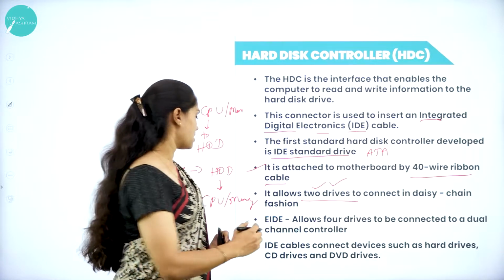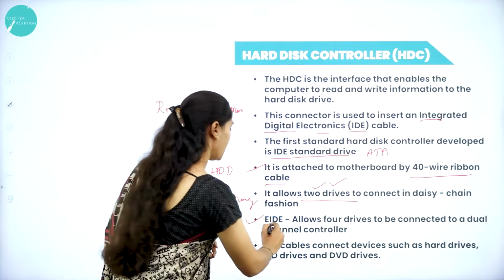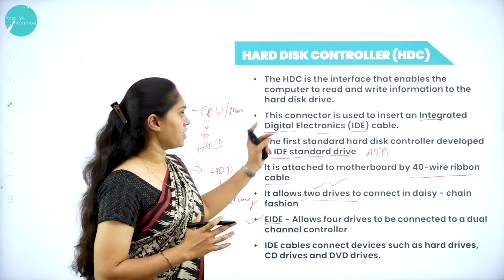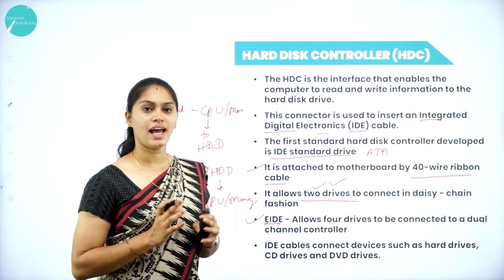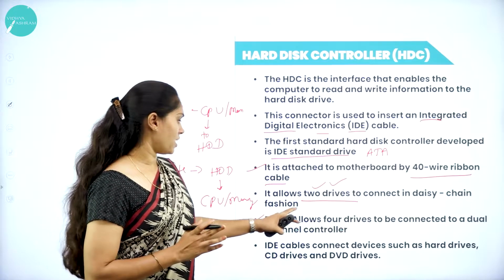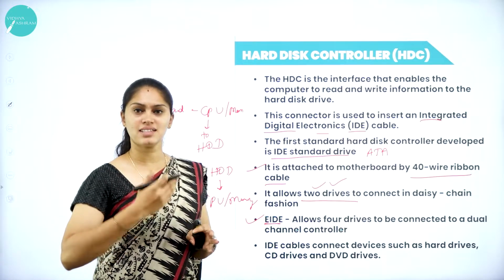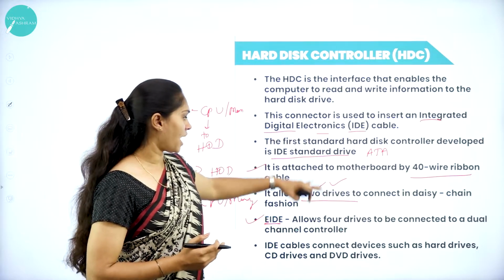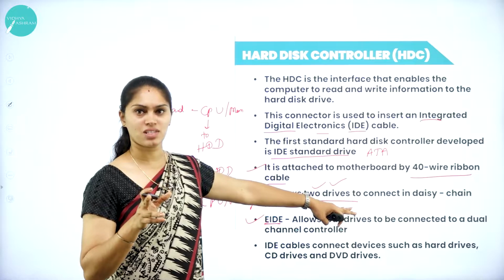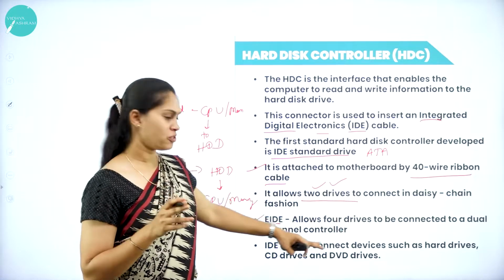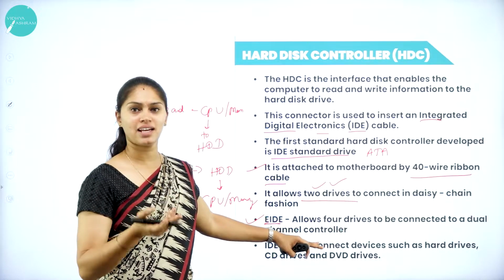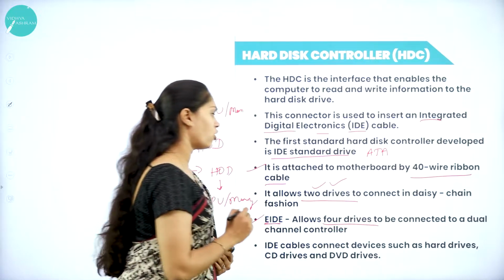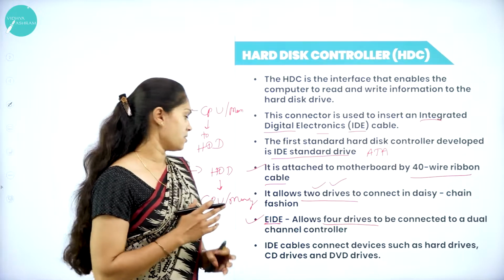Coming to the last point, that is EIDE, Enhanced IDE. It is the enhanced version of the IDE. With IDE, I can attach two drives, right? But with EIDE, that is enhanced IDE, I can connect 4 drives to the motherboard.